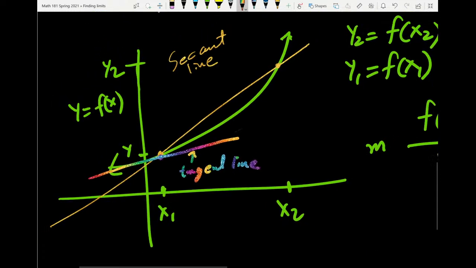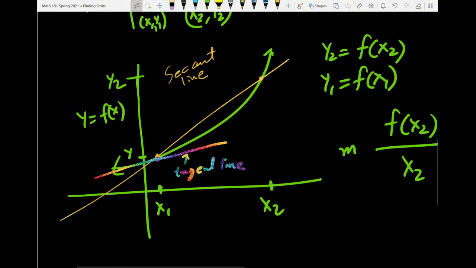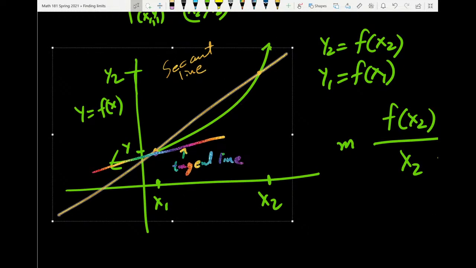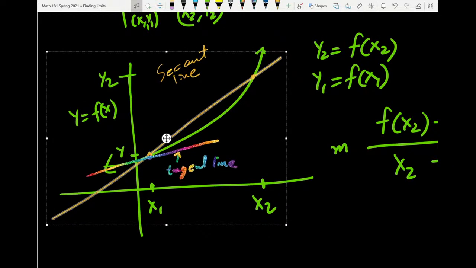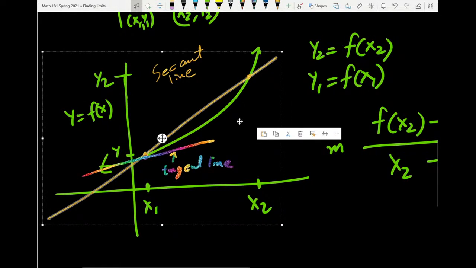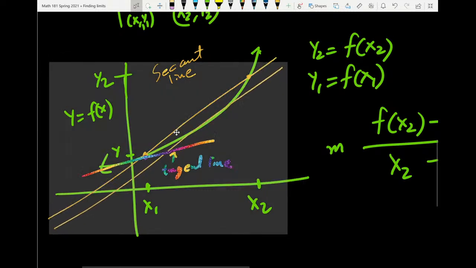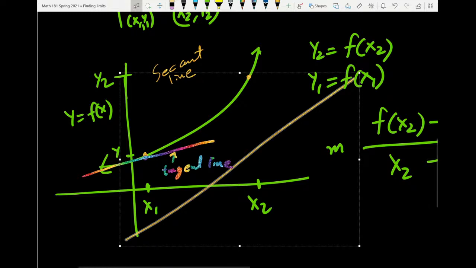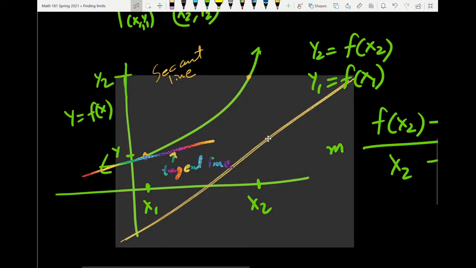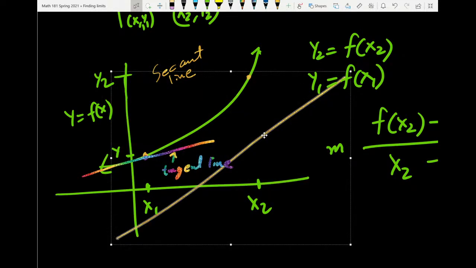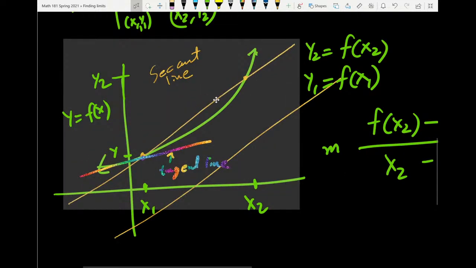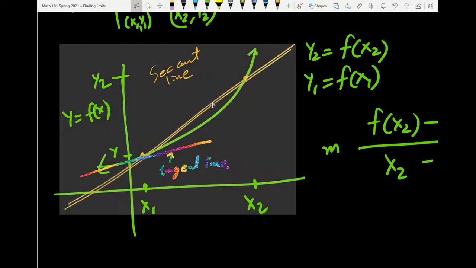How do I find the slope of that tangent line given this? The way it's going to happen is, I'm going to shrink this. Let me see if I can move this. Can I rotate it? Oh, come on. No. Okay, let's go back again. What I'm going to do is try to visualize this secant line.